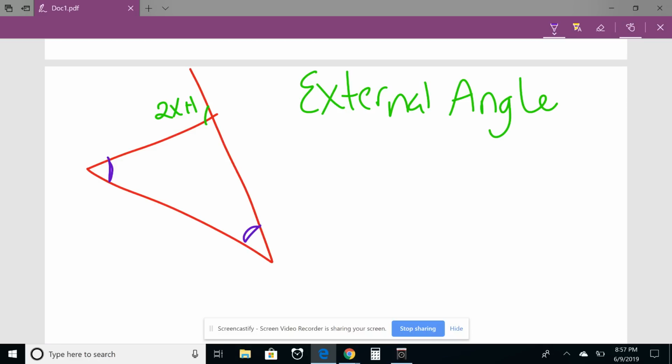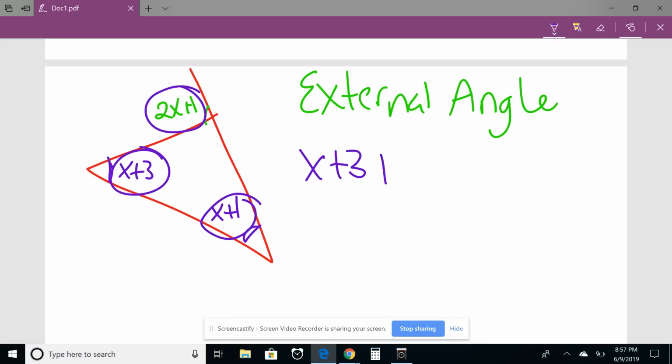So say this was x plus 3 and this is x plus 1. In order to set up this equation, you would do x plus 3 plus x plus 1 equals the external angle, which is 2x plus 1.